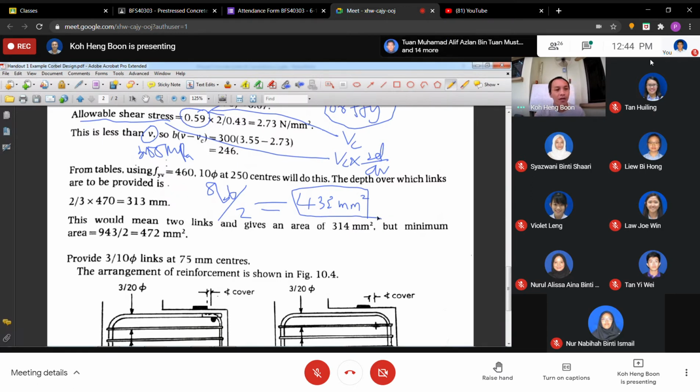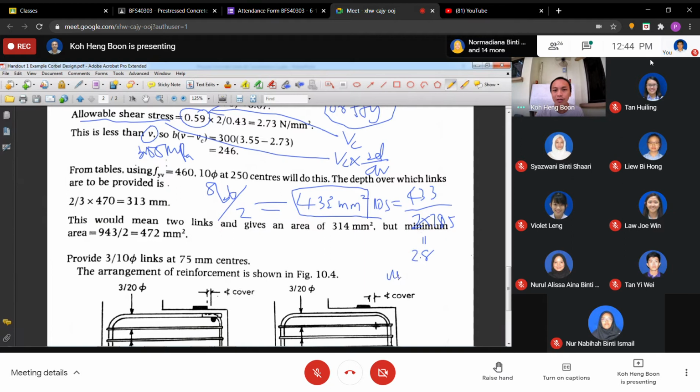So therefore the number of links is equal to 433 divided by 2 times 78.5 for 10 mm. Then you get 2 point something. You get 2.8.